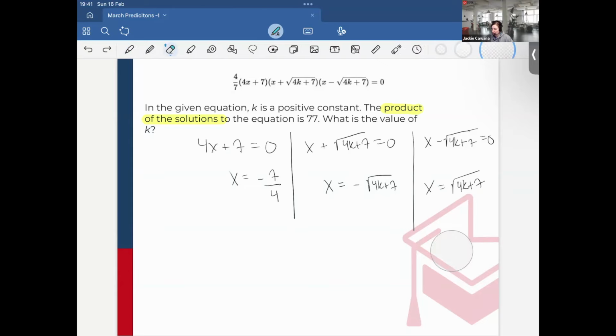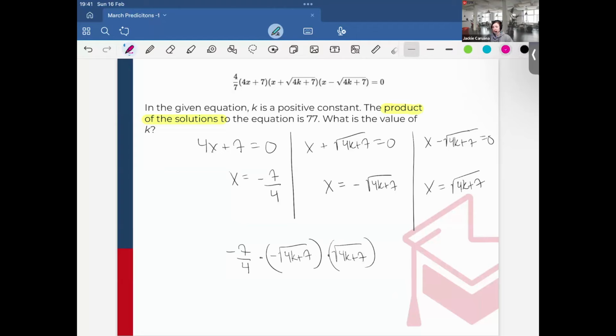And since I'm asked for the product of the solutions, I can now take those three solutions and multiply them together to get their product and set it equal to 77. So I would have a negative 7/4 multiplied by negative square root of 4k plus 7 multiplied by square root of 4k plus 7.